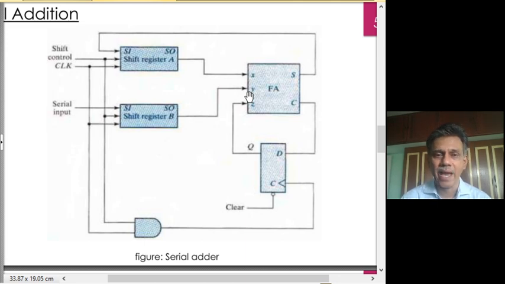So to store the carry, we use this D flip-flop. The carry that is generated at any given bit addition is stored here and reused during the addition of the next bit.